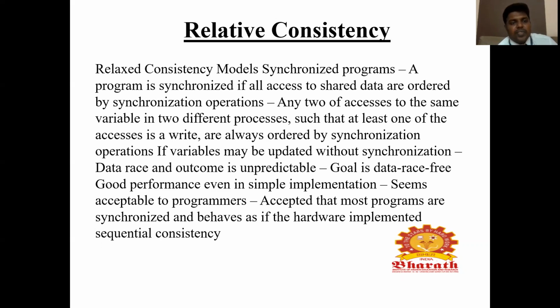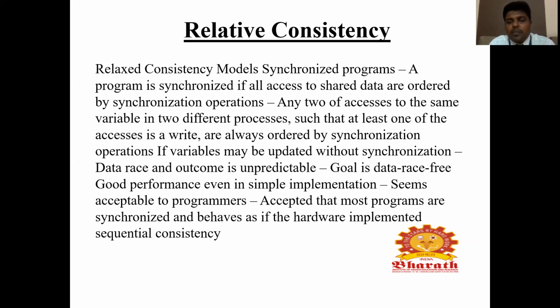Relaxed consistency models and synchronized programs. A program is synchronized if all accesses to shared data are ordered by synchronization operations. Any two accesses to the same variable in two different processes, such that at least one of the accesses is a write, are always ordered by synchronization operations.